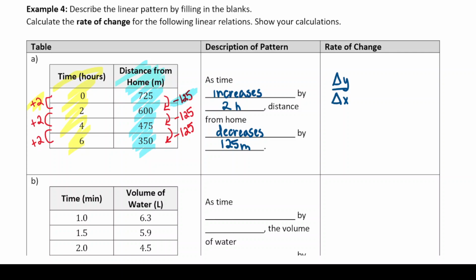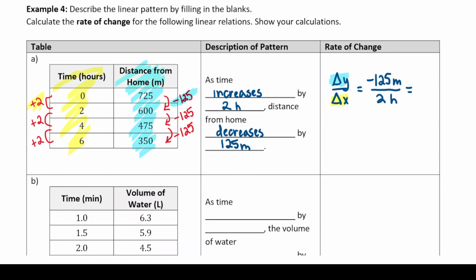So what we found here was that the change in the x value was 2 hours, and the change in the y value was negative 125 meters. And we want to use units if there is a measurement associated with it. So we want to go down by 125 meters every time we go up by 2 hours.